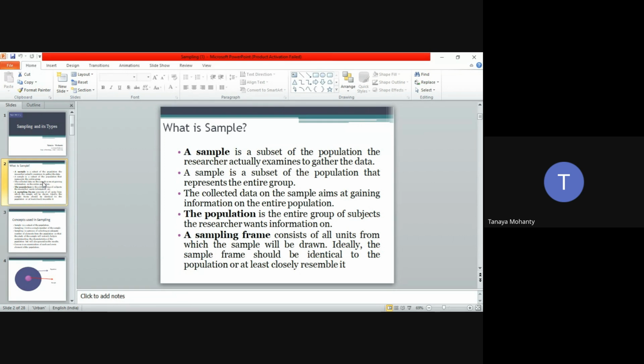Suppose you want to have a study on the different regional centers of IGNOU. So, what makes your population? Can anyone answer?